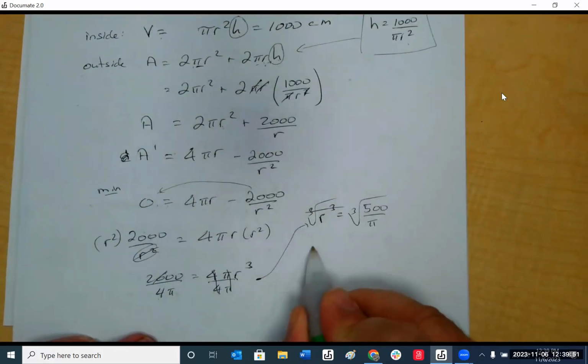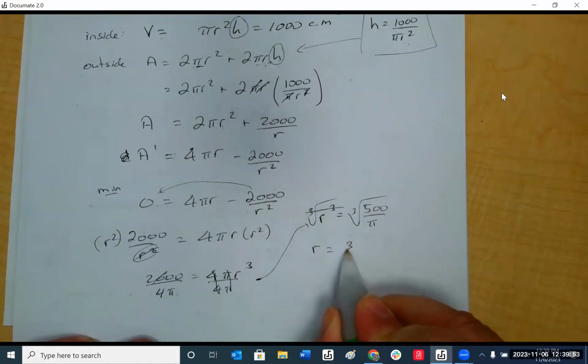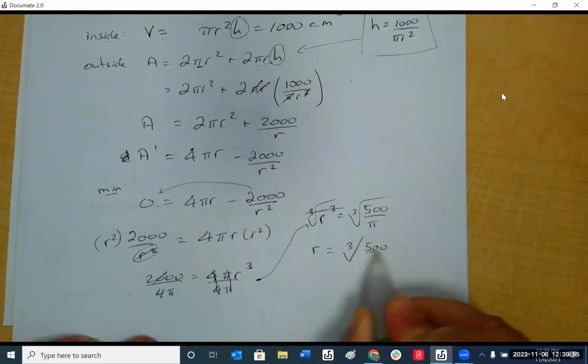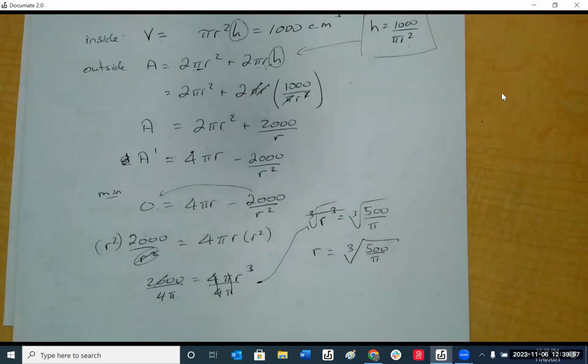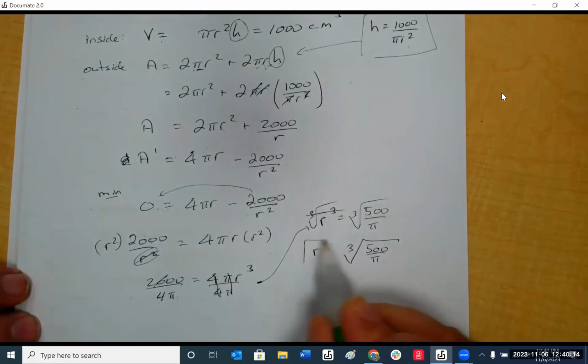Okay, so we have r equals the cube root of 500 divided by pi. So that's the radius.